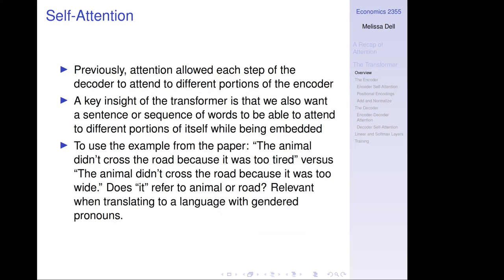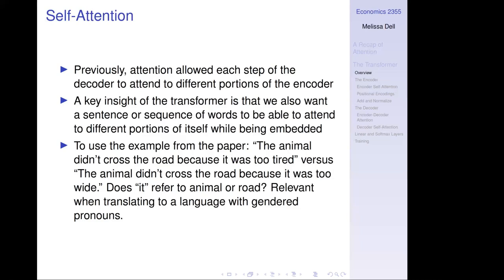The paper uses an example: the animal didn't cross the road because it was too tired, and the animal didn't cross the road because it was too wide. These sentences are essentially the same, except for the last word, but that last word completely changes what "it" refers to.